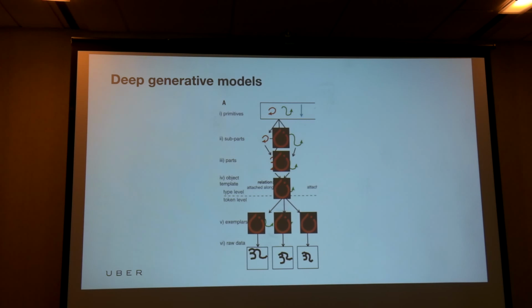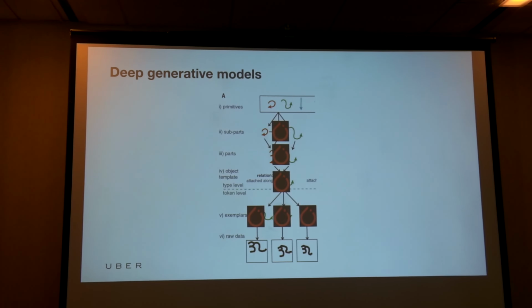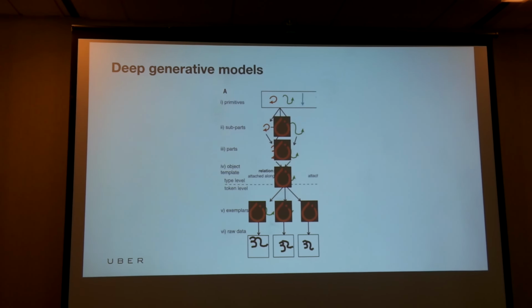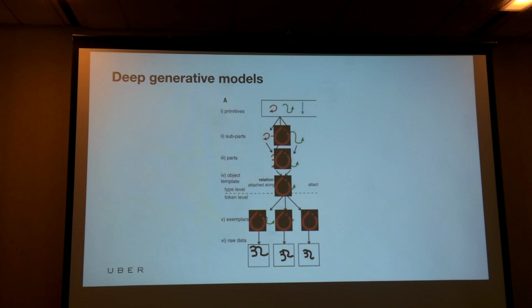You've got probabilistic models where most or all of their components are deterministic neural networks that parameterize latent variables that feed into other neural networks.